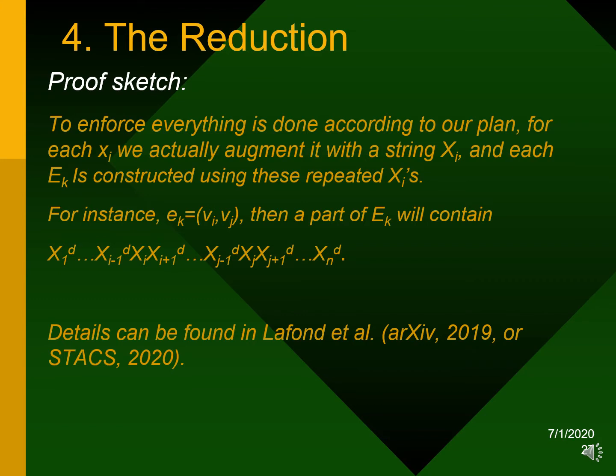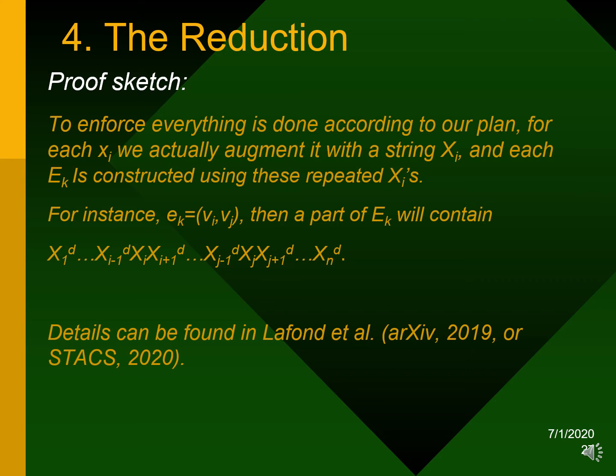So for instance, if edge ek is vi vj, the corresponding ek will contain, well, a part of it will contain xd x all the way to xi minus 1 d. Then at the xi, I leave the exponent at 1, and then xi plus 1d, to x j minus 1d, and again x j. So the exponent I will leave at 1. The remaining ones, they all have exponent d in them.